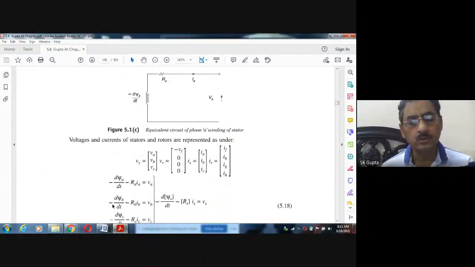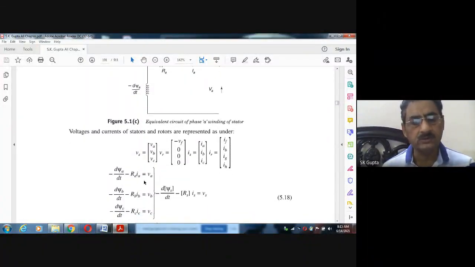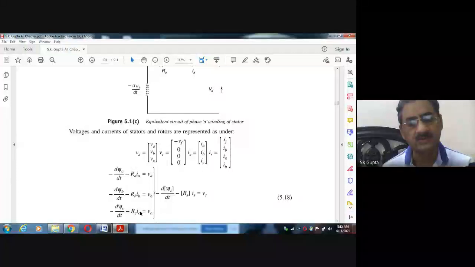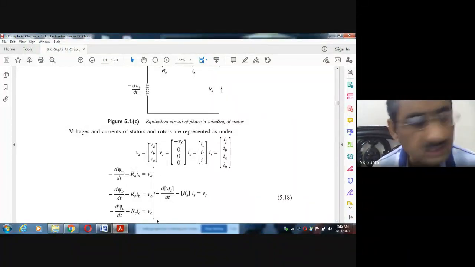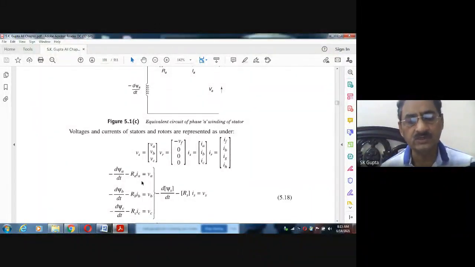Similarly, the voltage equation for phase B winding is this, and for phase C winding is the same, because psi A, psi B, psi C are the fluxes of ABC respectively. RA, RB, RC are the resistances of ABC respectively. IA, IB, IC are the currents in the ABC windings respectively. And VA, VB, VC are the voltages of the ABC windings respectively. In general, this can be written as Vs equal to minus d psi s by dt minus Rs Is.